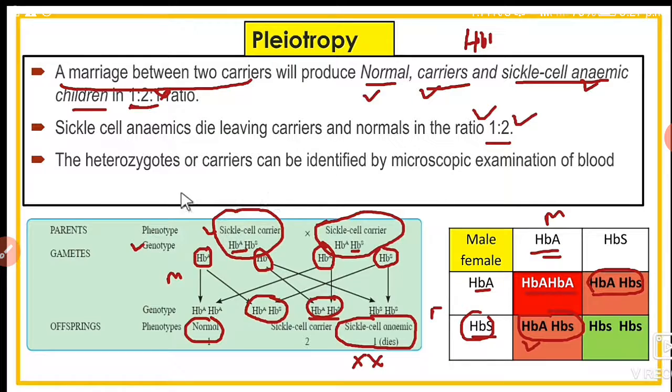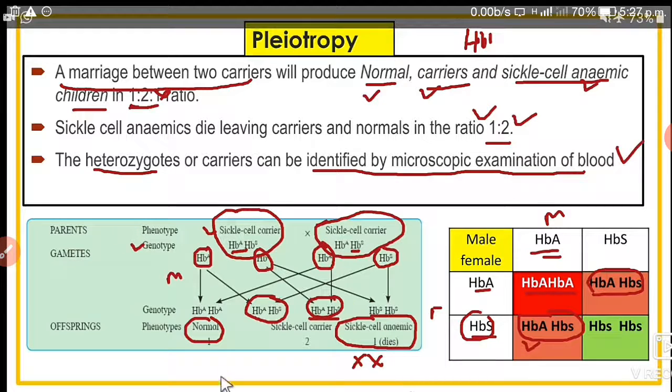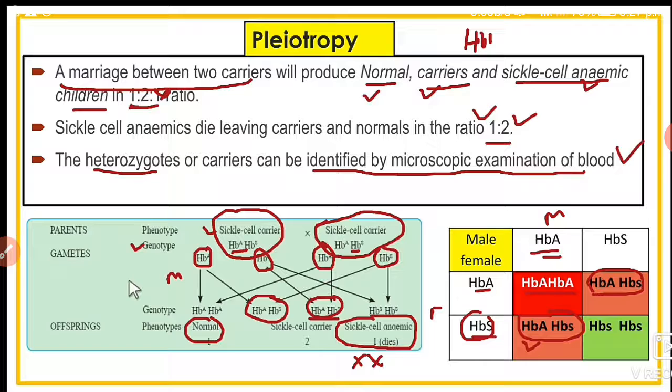Heterozygotes, or carriers, can be identified by microscopic examination of cell shape. In this way we have completed the mechanism of pleiotropy. Okay.